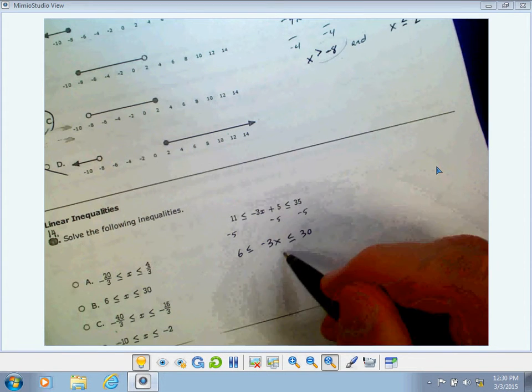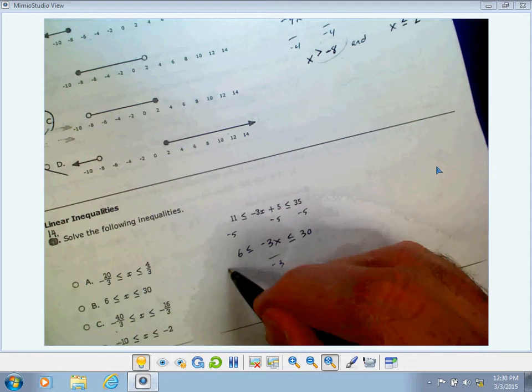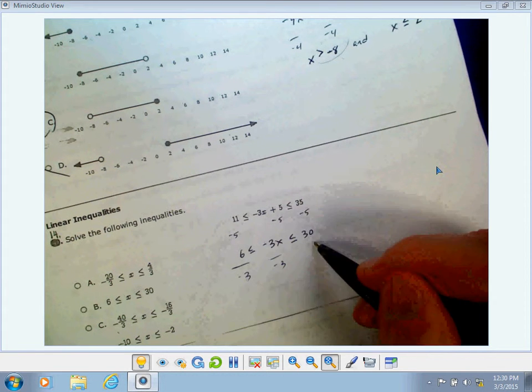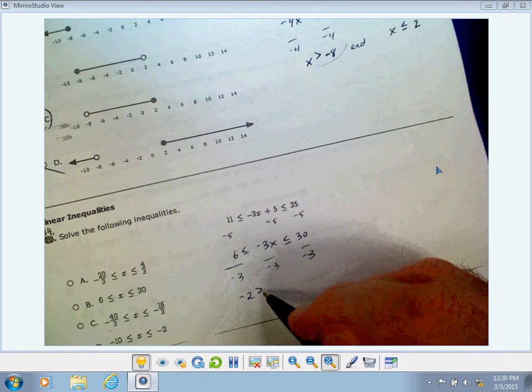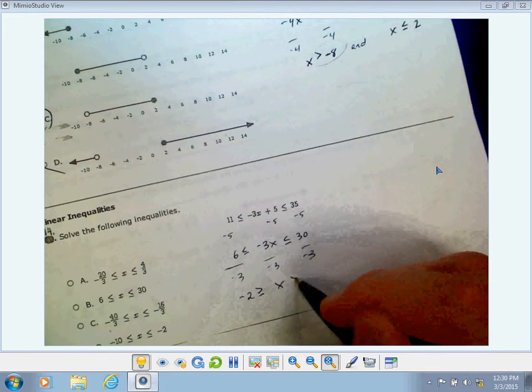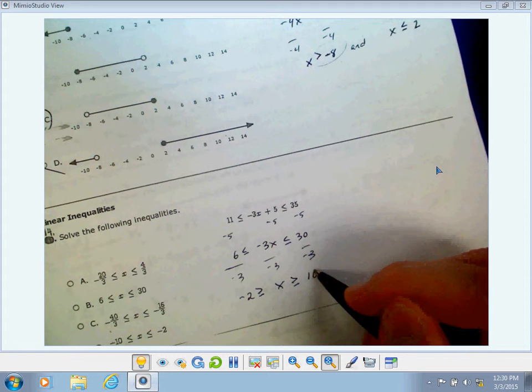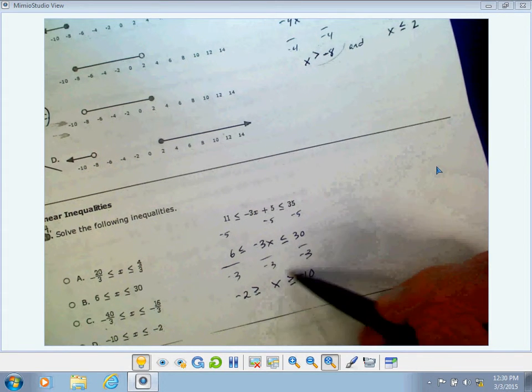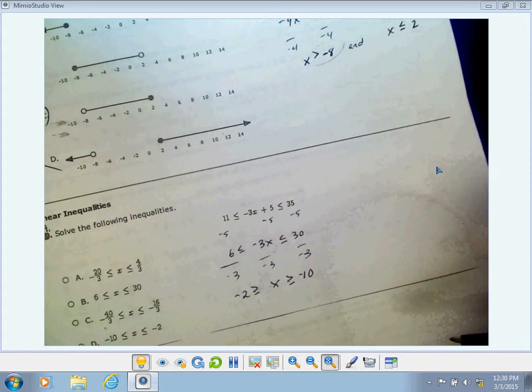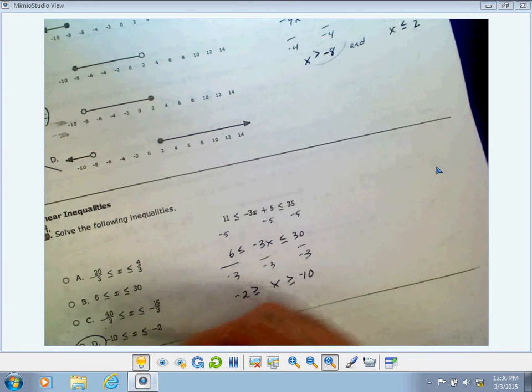And then I'm going to divide by -3 on all 3 sides, and I'm going to have to flip every inequality. So what I have is, it's going to be between -2 and -10, which is D.